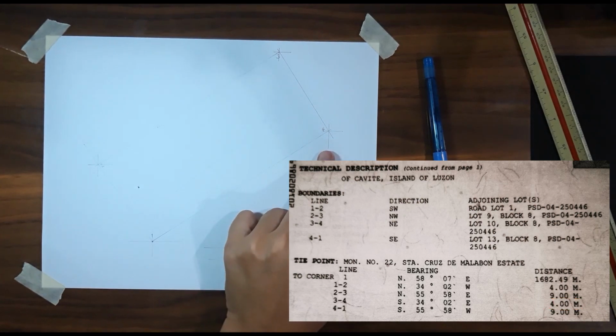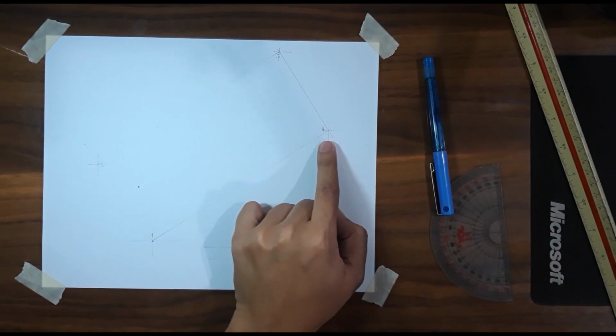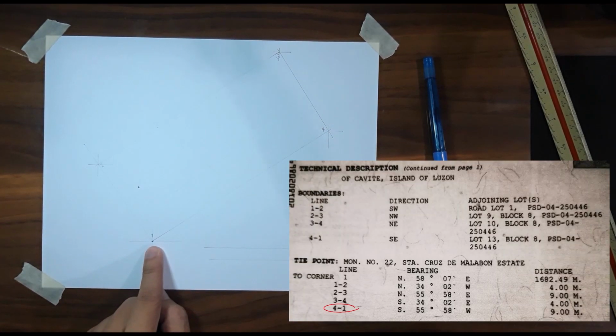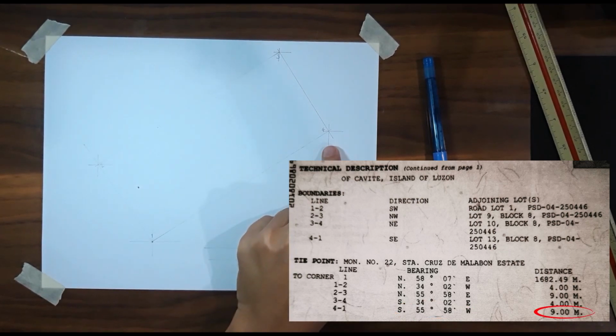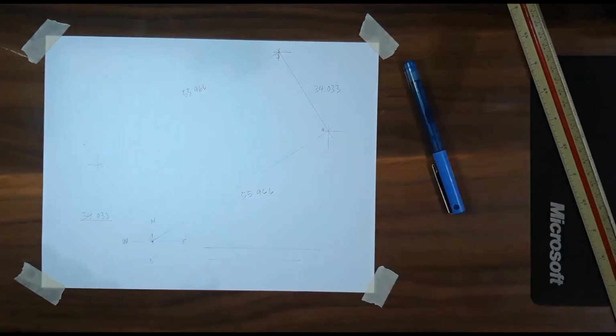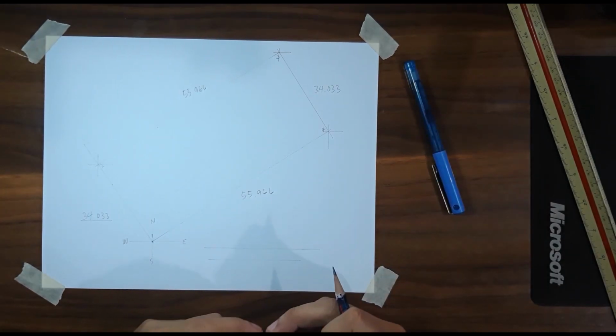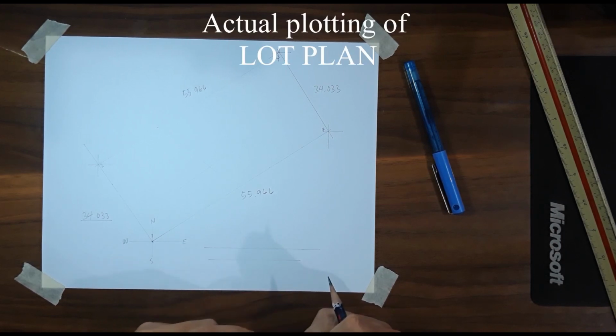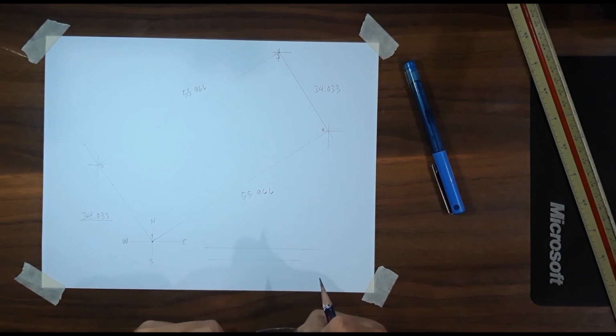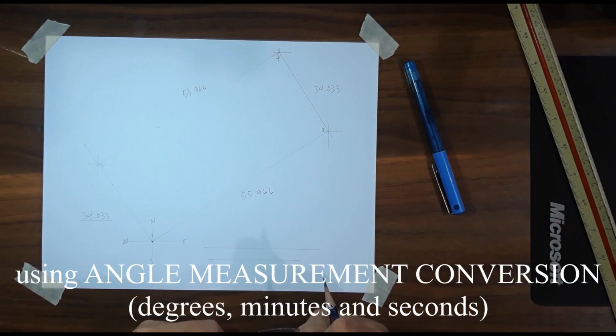Okay. Then, point 4 to point 1 has the following descriptions. South 55 degree, 58 minutes west at 9 meters length. Okay. Having said the following descriptions, we will now proceed to the actual plotting of our lot plan based on the converted degree.